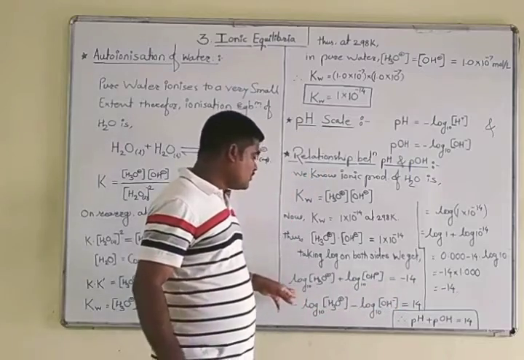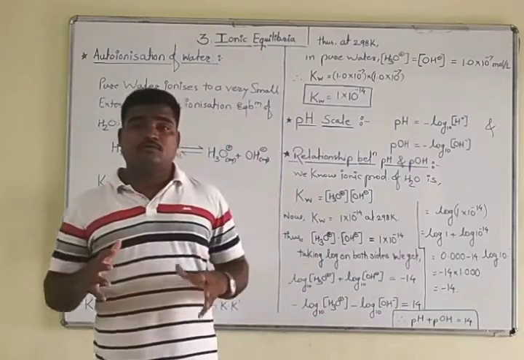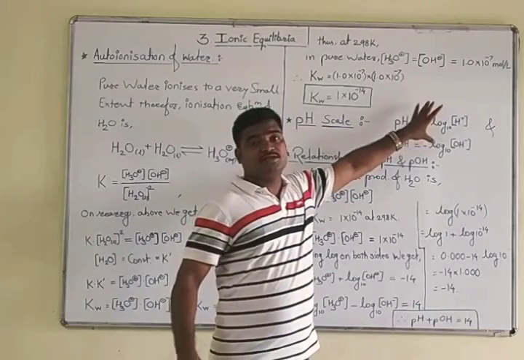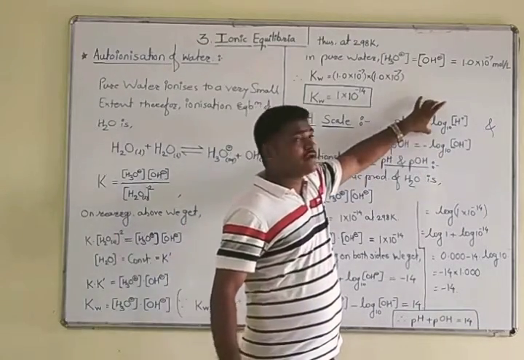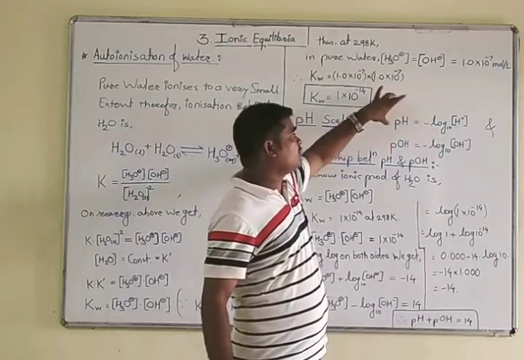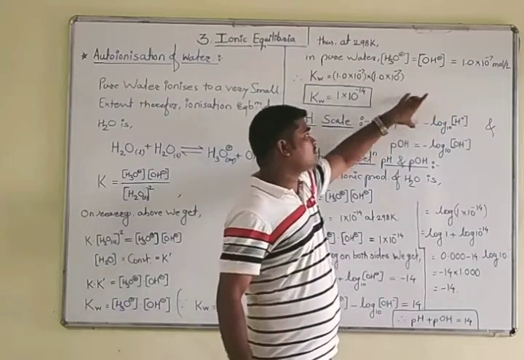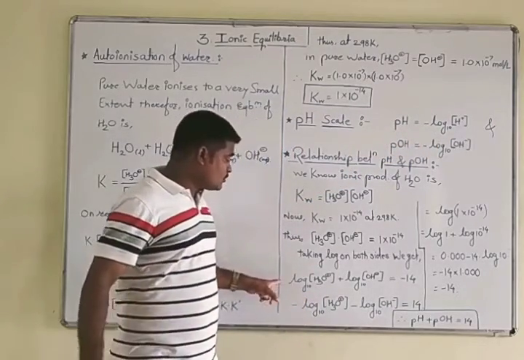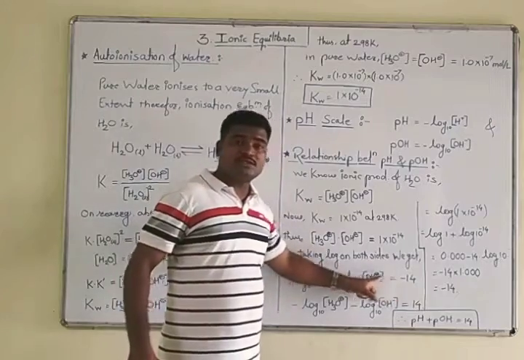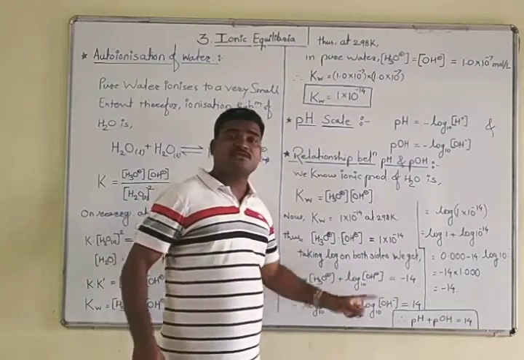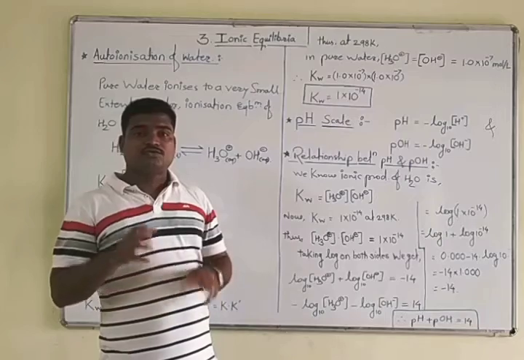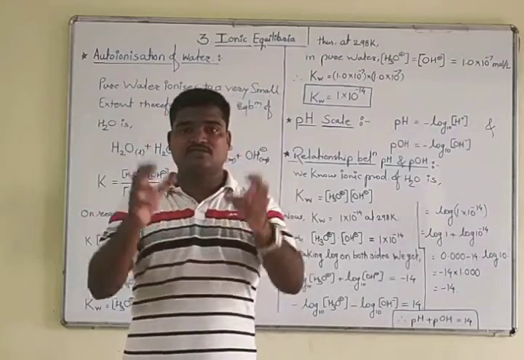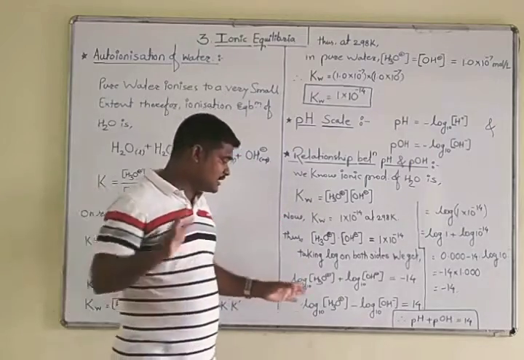Now we have to convert this equation into this form. Once we have converted it into this form, then we can assign these values, that is pH and pOH. For that purpose, we have to multiply throughout this equation by a minus sign, so that we can get pH and pOH, and those values we can substitute in that equation.